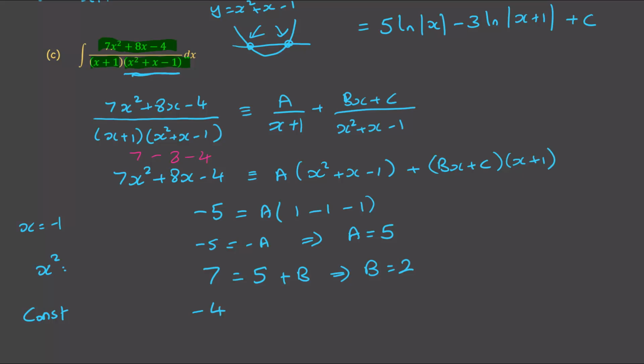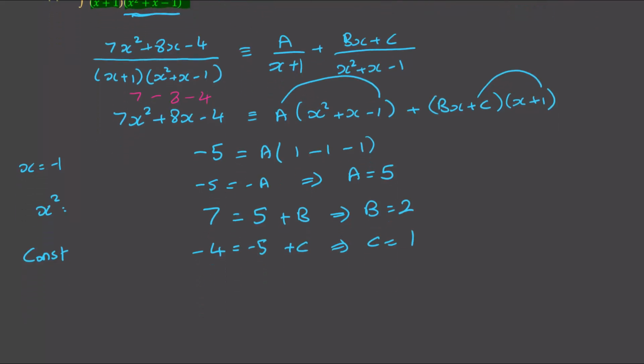So on the left we've got negative 4, and we would have a negative a there, which is negative 5, equals negative 5 plus c, and that tells me that c is equal to 1.